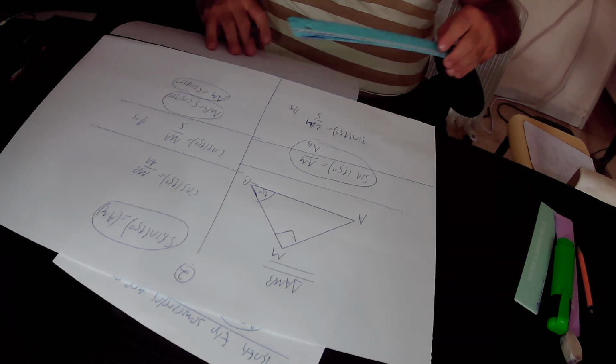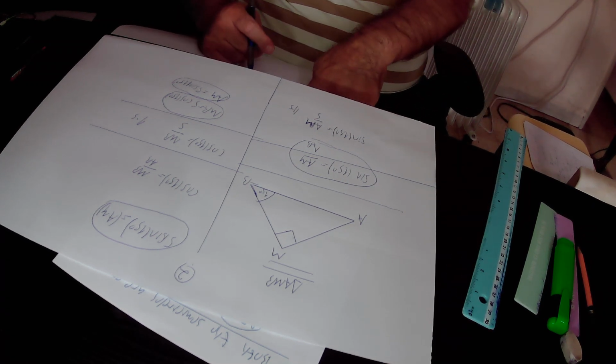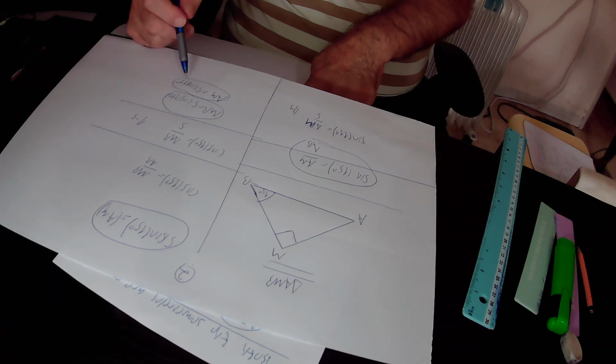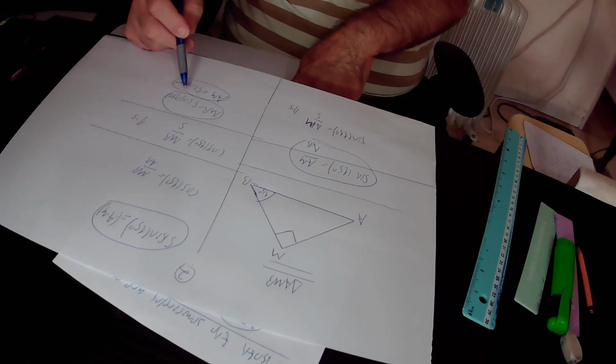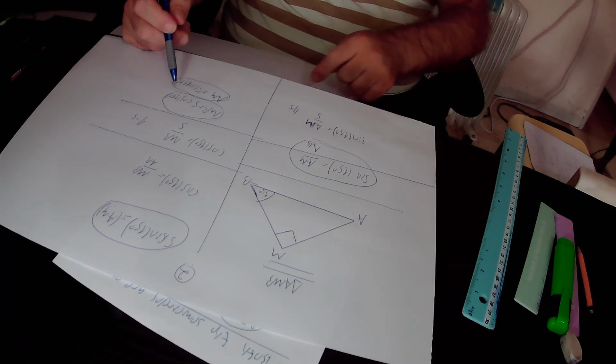So now we can substitute AM in equation 1 by 5 times sine 15 degrees, and substitute MB by 5 times cosine 15 degrees.